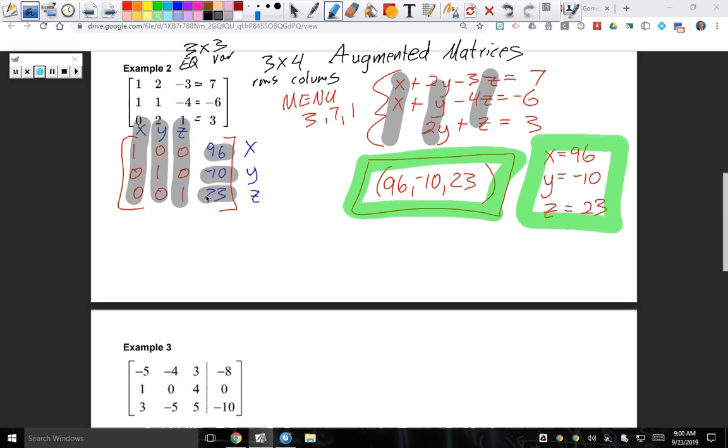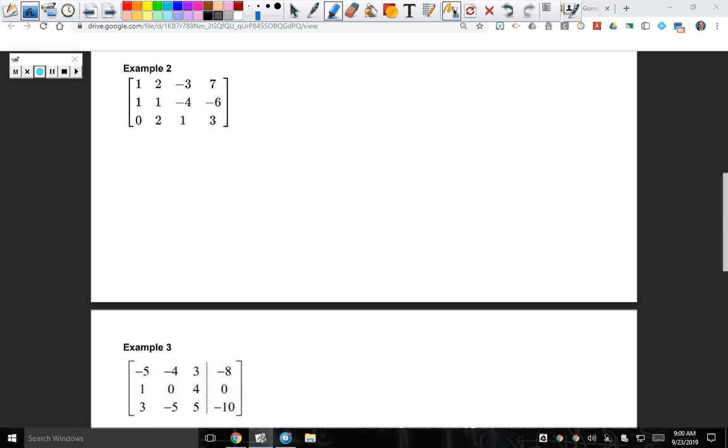So now that we know our answer, let's go and work the problem the new way. 3x4 augmented matrix with row reduced echelon form. Here we go. Is this good the way it is right now? So there's no change. That doesn't have to change. So our first change is actually going to occur right here.